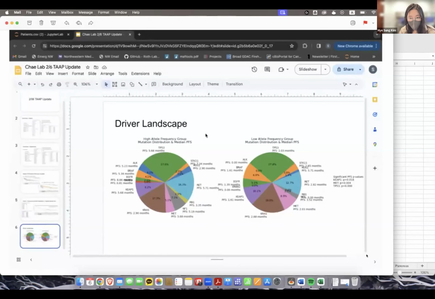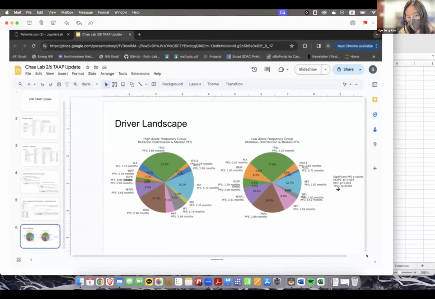The percentages correspond to what percent of patients within each cohort carried mutations in each one of these respective genes. And then all the way to the right, I compared the progression-free survival between patients with specific mutations, and was curious to see if there were any statistically significant differences.